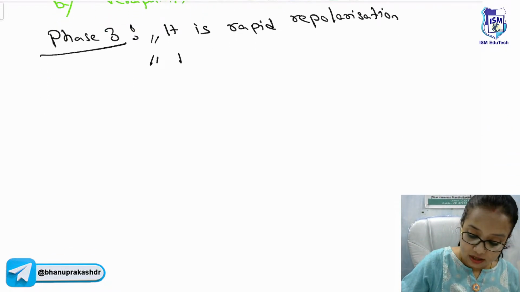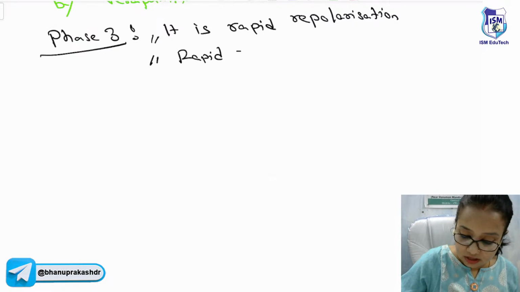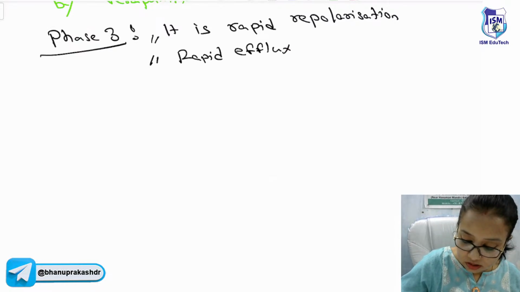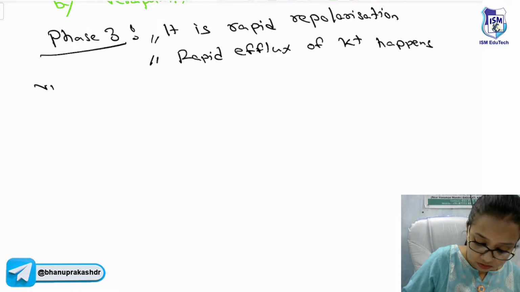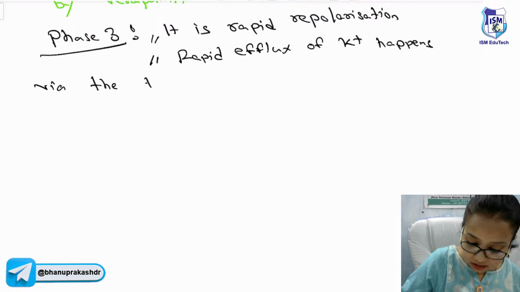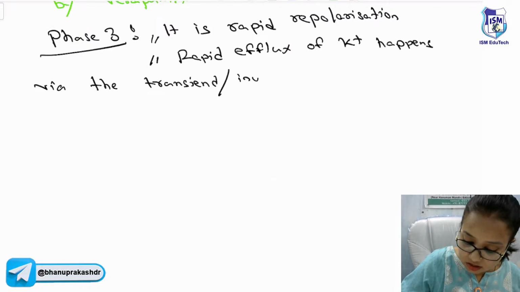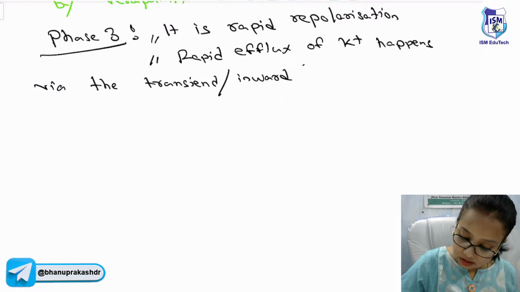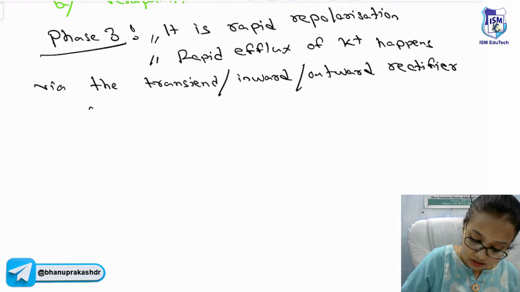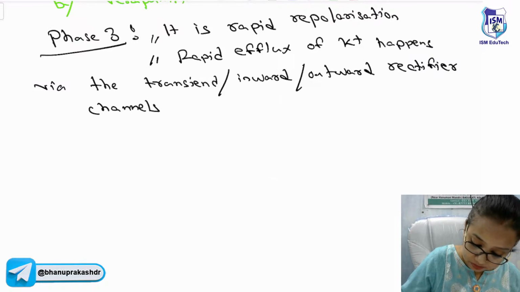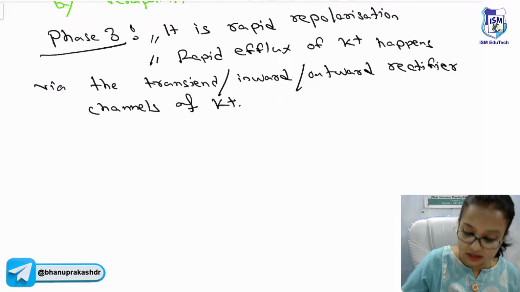As we can see, rapid efflux of potassium happens via the transient inward and also outward rectifier channels of potassium.